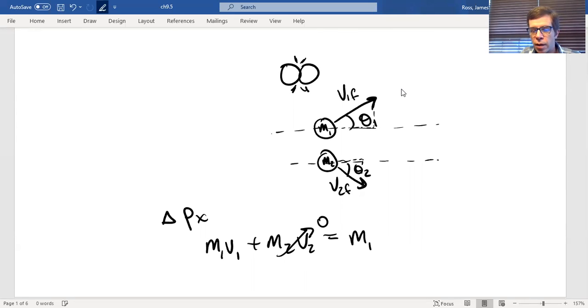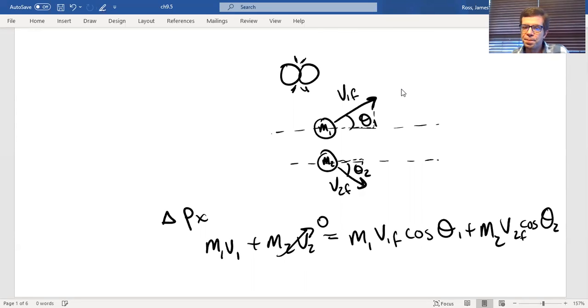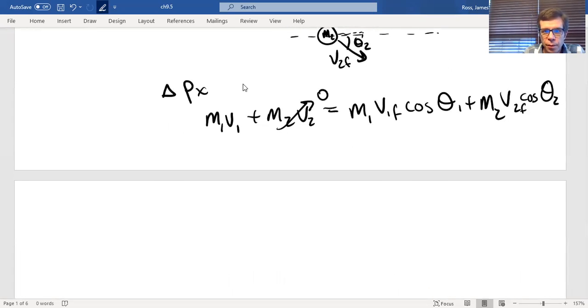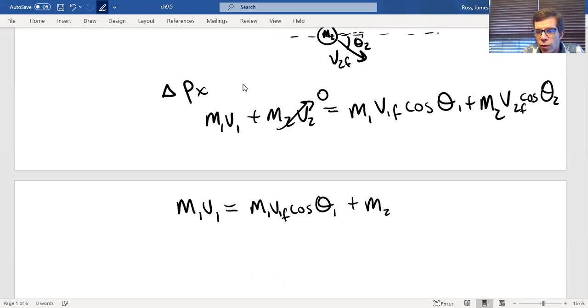So we have M1, V1 final in the x direction is going to be V1 final times cosine theta 1. And V2 final in the x direction is V2 final cosine theta 2. All right, so cleaning that up a little bit, we have M1 V1 initial equal to M1 V1 final cosine theta 1 plus M2 V2 final cosine theta 2.